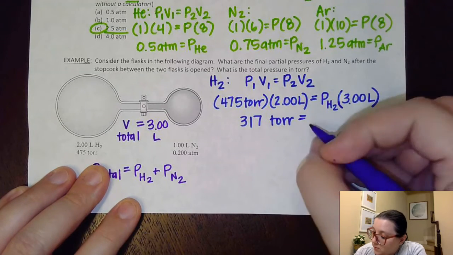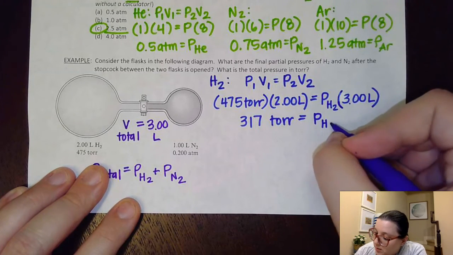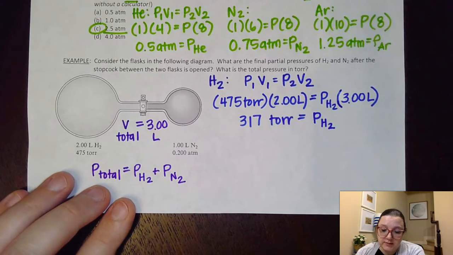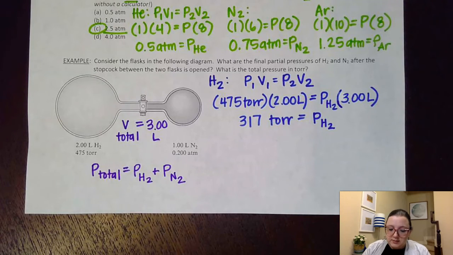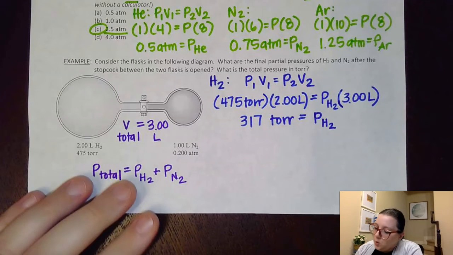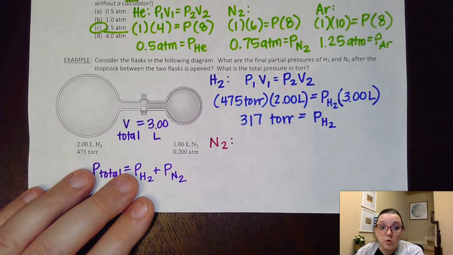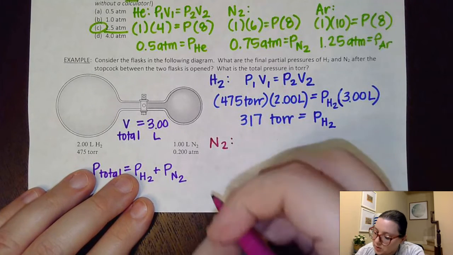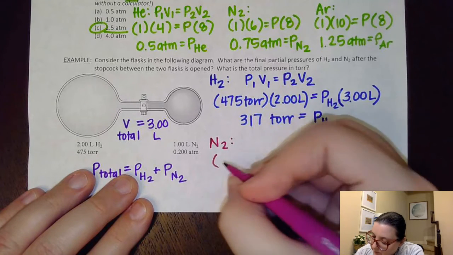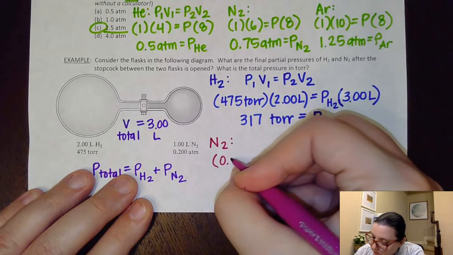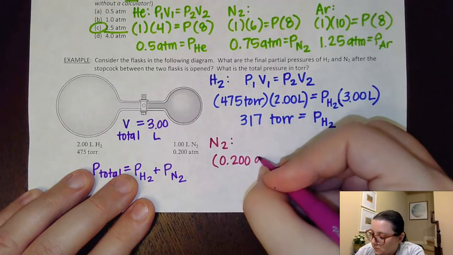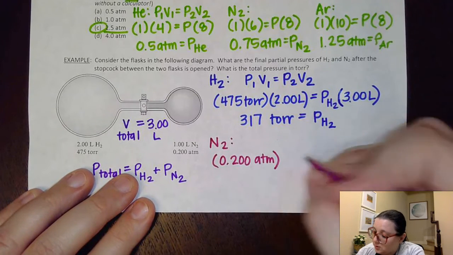So that would again be the pressure of the H2 at the new set of conditions. All right, I would now do the same thing for the N2, using the same equation since I have the same variables. So here I was starting off at 2 atmospheres, and we'll address that unit here in just a little bit.